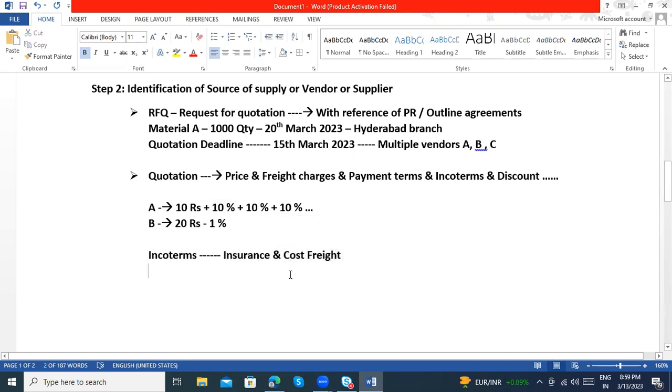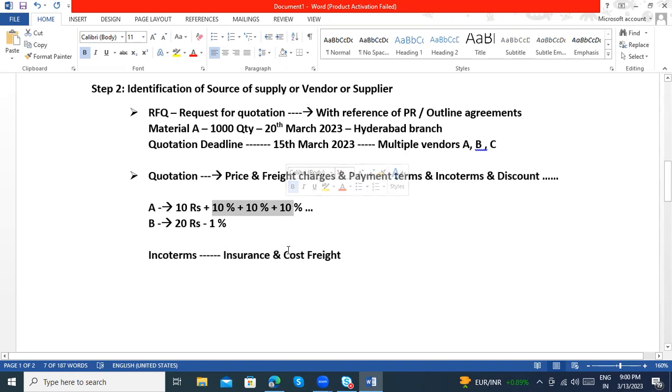Then only, if you have already paid insurance, can you claim whatever happened, like the theft. So this Incoterms is the information, and along with this you also need to control the conditions.